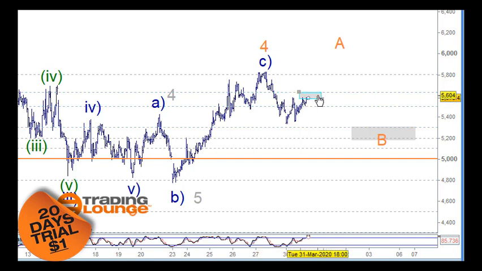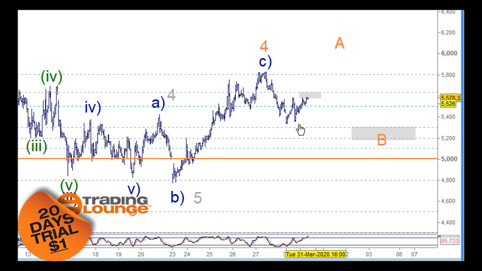This brings us to 5,600, but a little bit higher, 5,630. If we get support on that level, then the market's going to push higher from that point. Then I would need to look at this particular count a little bit differently than I'm currently looking at it now, and that's what I want to explain.